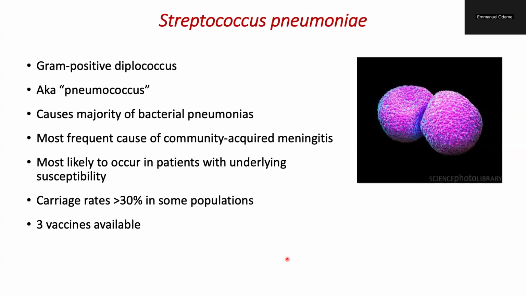It is the most frequent cause of community-acquired meningitis, and it mostly occurs in patients with underlying susceptibility. It has been known to cause a carriage rate over 30% in some populations. There are three vaccines available. So even though this is a terrible disease, there are vaccines available to protect us.